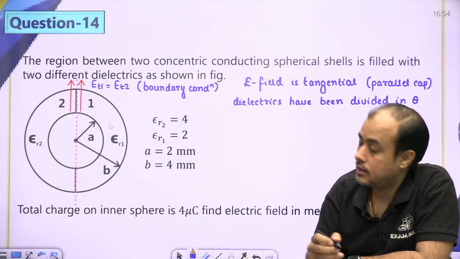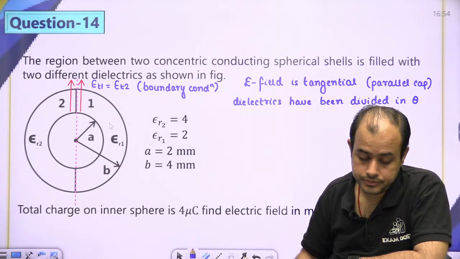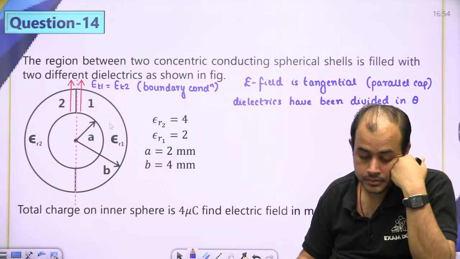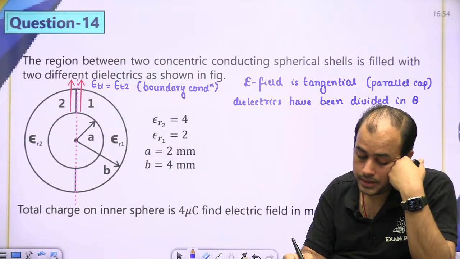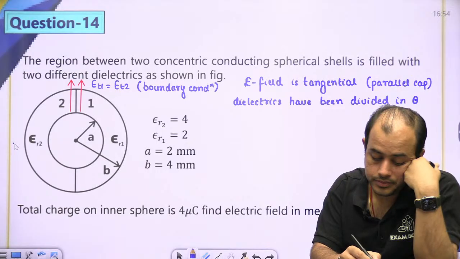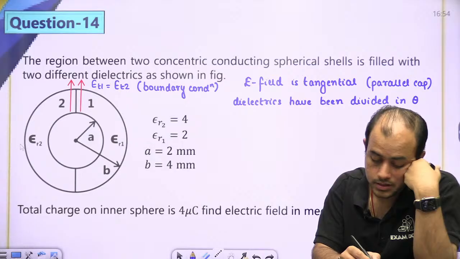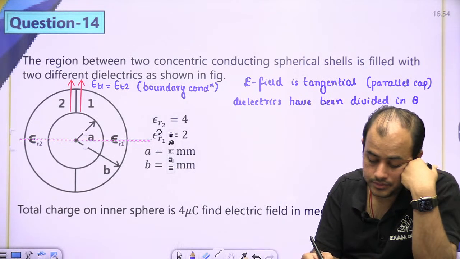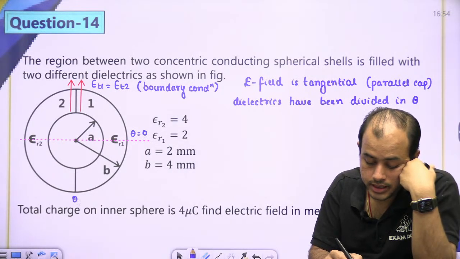So like this, from the first dielectric, theta will vary from 0, and this will be theta pi by 2.